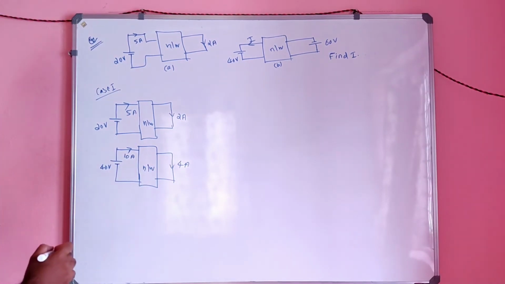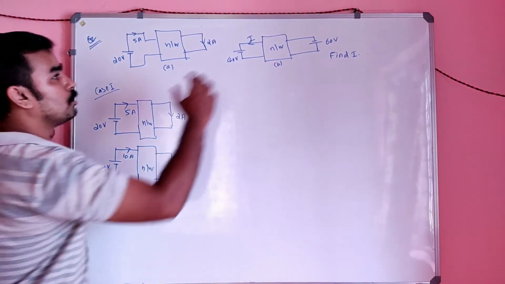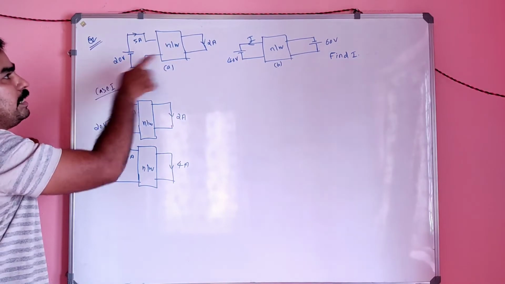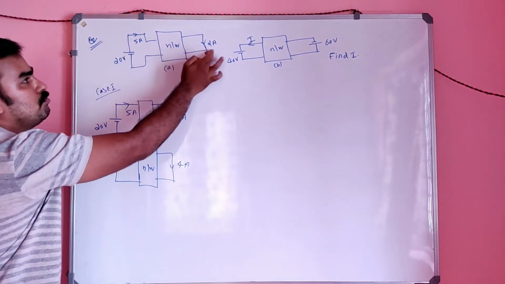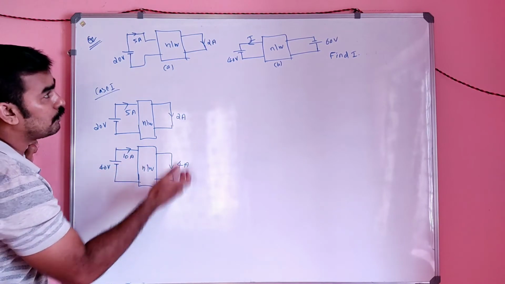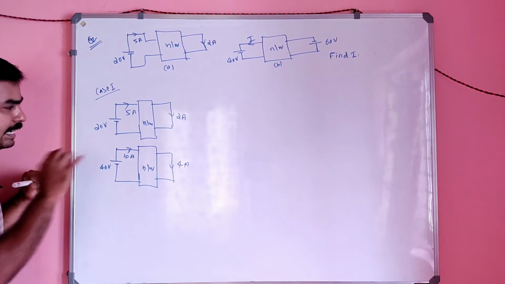That means in the question it says 40 and 60, no? So you have 20 to 2. For 20 volt it is 2 ampere here and 5 ampere here, means for 40 volt it's 10 ampere here and 4 ampere here. There is no doubt. So this is case 1.